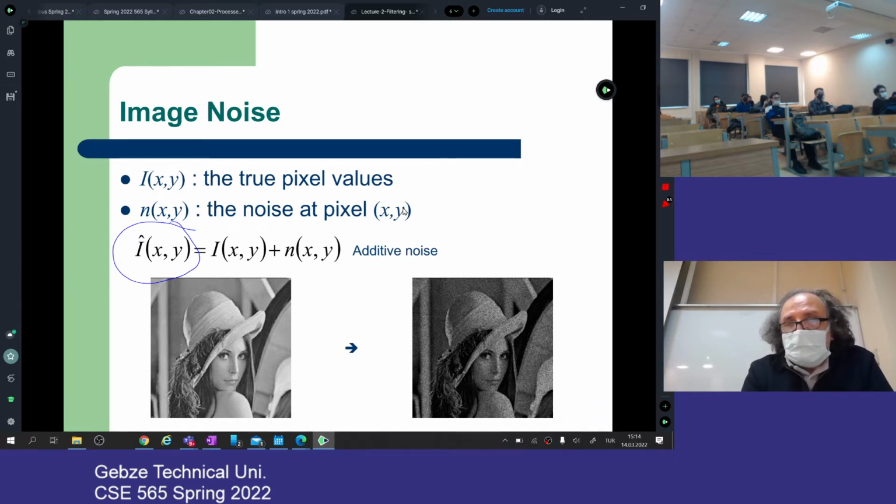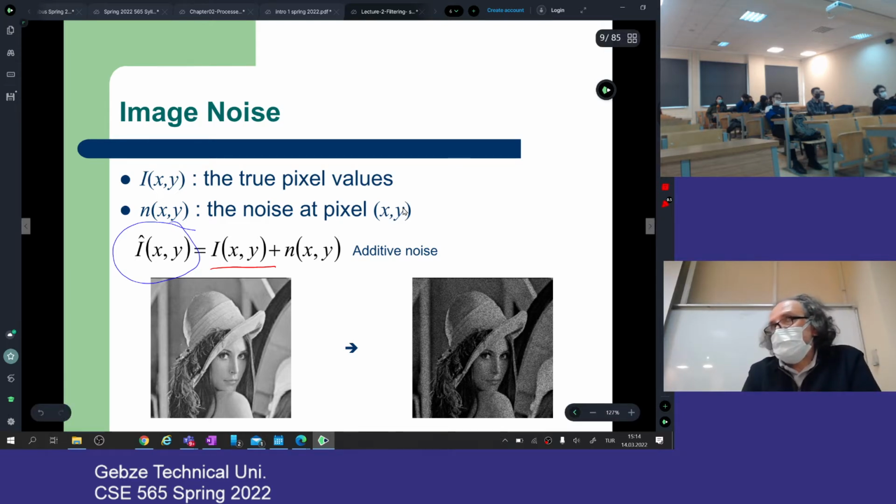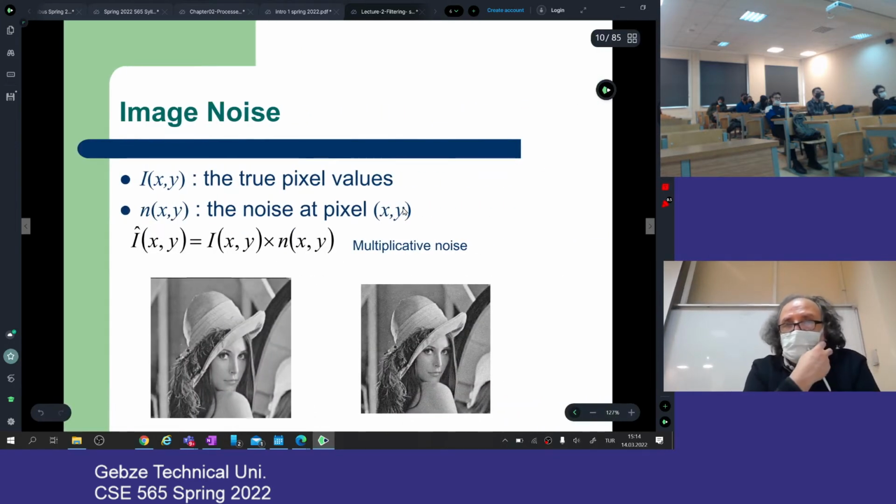I am after the real I(x, y). To find that real I(x, y), I need the noise, but I don't know that either. But I have a distribution for it, the Gauss distribution. Maybe using that information I can do something. But you will never get the perfect image pixel for any image. You will have to learn how to deal with it.